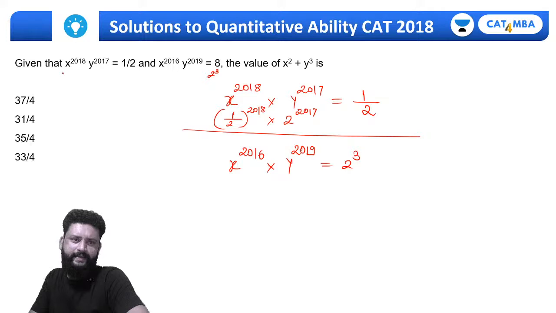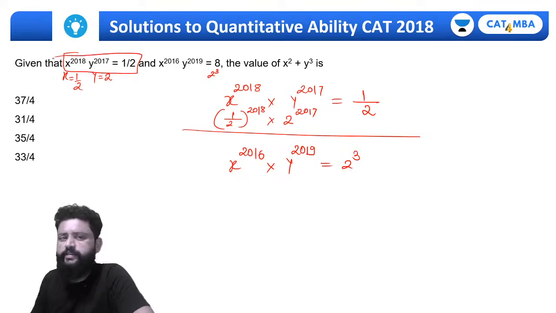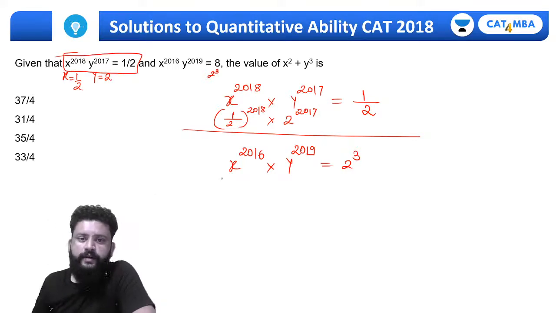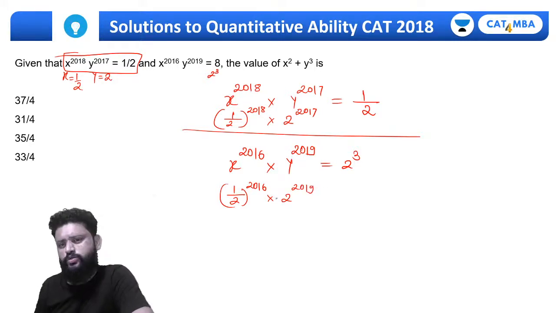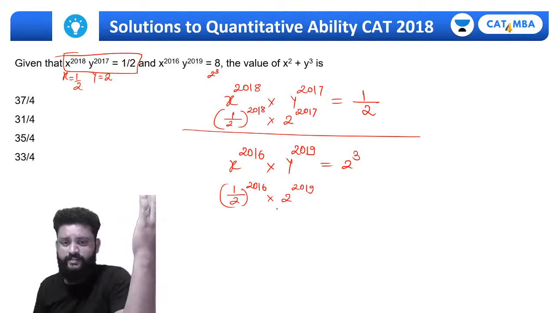So I can take x as 1/2 and y as 2, and I can simply get this simple thing you can observe here. After that, if I try 1/2 to the power 2016 and 2 to the power 2019, definitely 2016 2's will get cancelled.